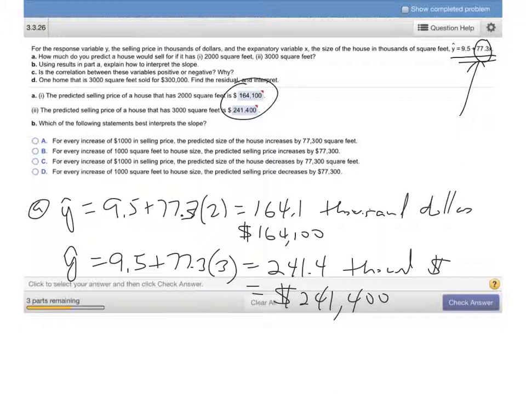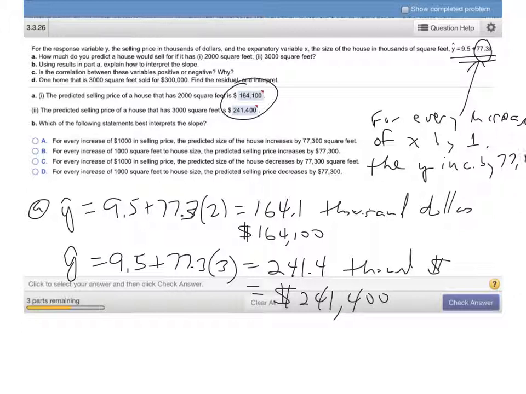And so the general interpretation is, for every increase of x by 1, the y, this is a positive number, 77.3, so the y increases by 77.3. So that's the interpretation of slope, for every 1 unit you increase the x, the y should change by whatever the number for slope is.